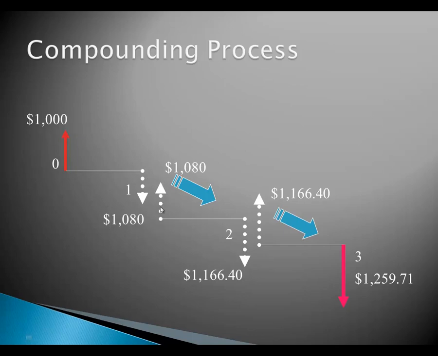Now the 1080, which we have at the end of the first year, will be charged an interest rate of 8%, and at the end of the second year it will be 1166 and 40 cents. That amount will go to the third year with interest of 8%, and that will take it to the end of the third year to be 1259 and 71 cents.